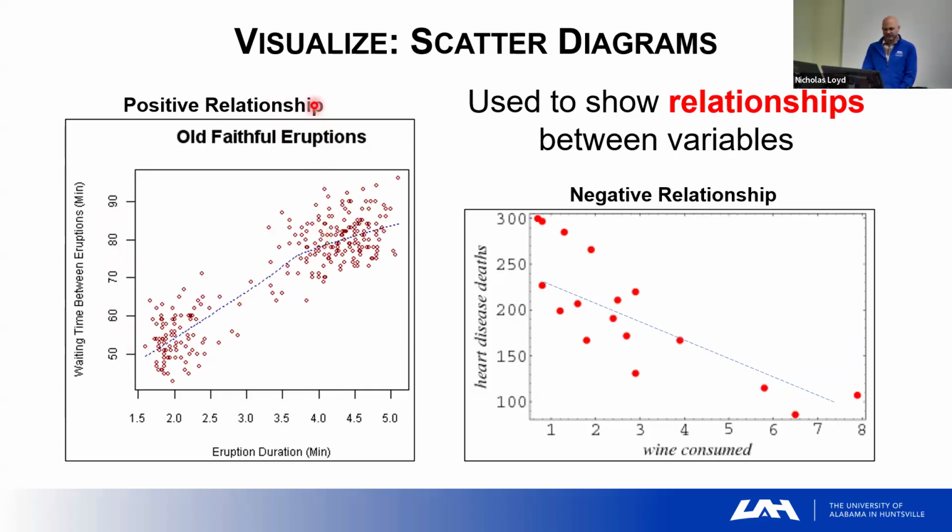A positive relationship is no indicator of whether it's a good or bad thing. It's just that when one variable increases, the other one does as well. Or it could be a negative relationship, which again isn't saying it's good or bad. It's just saying as one variable goes up, the other one goes down.